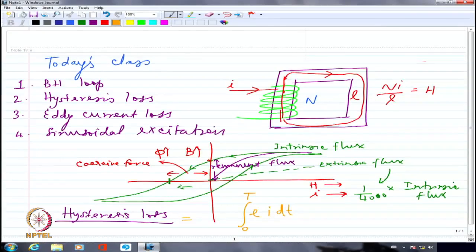But we can also say in this particular case that E is equal to d phi by dt multiplied by N, if N is the total number of turns. So I can say hysteresis loss is equal to the integral of EI dt from 0 to T.